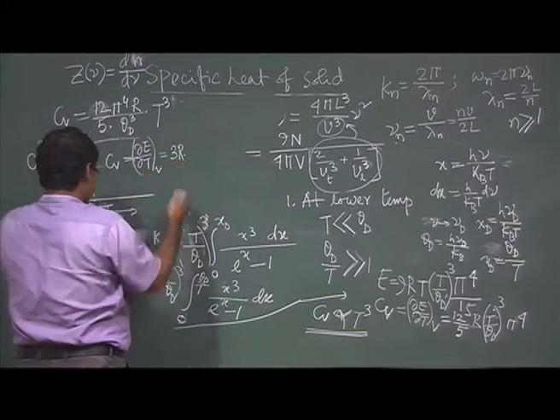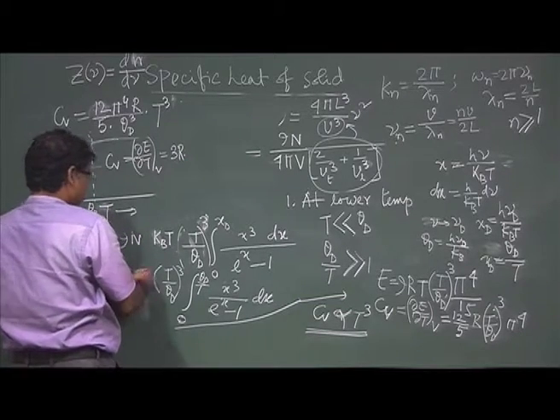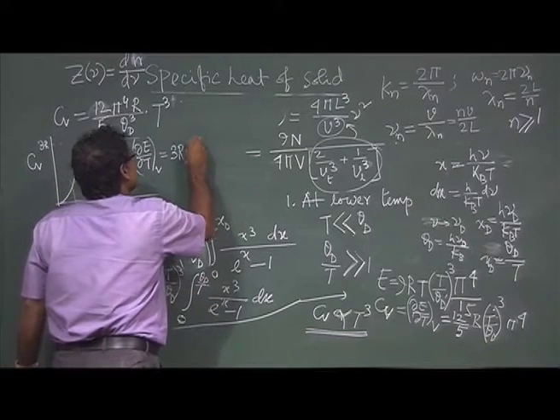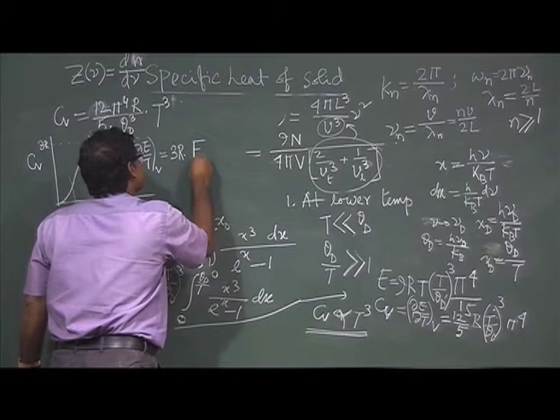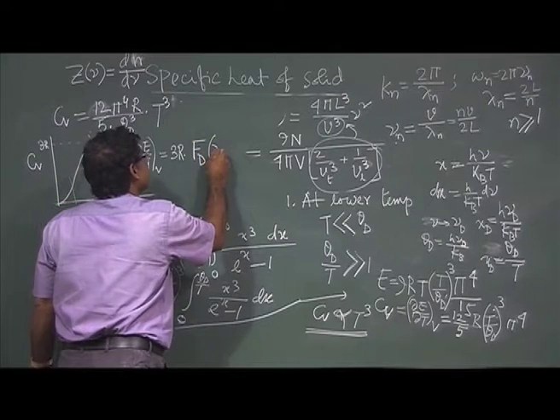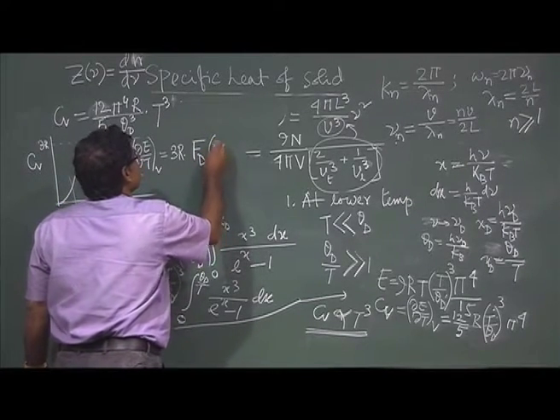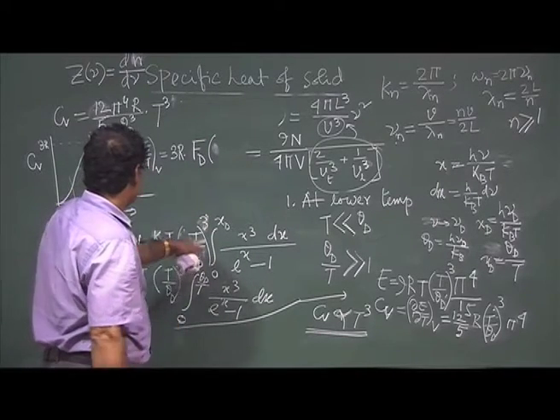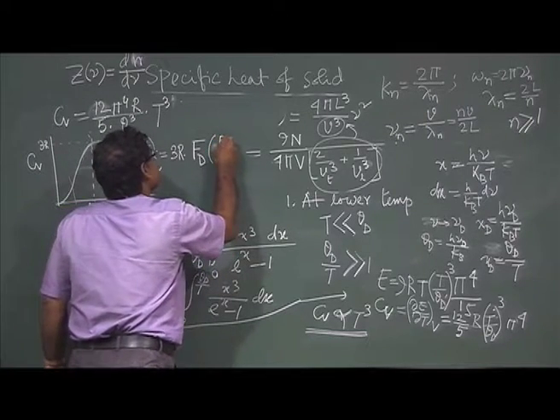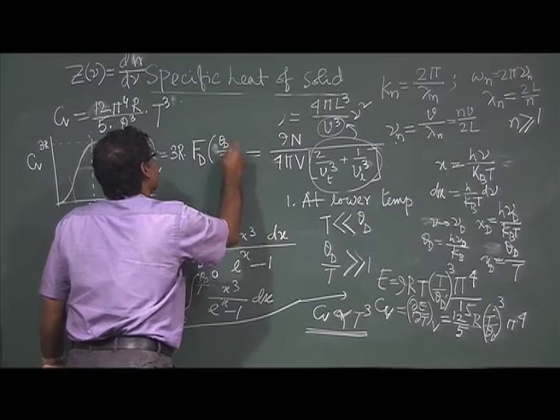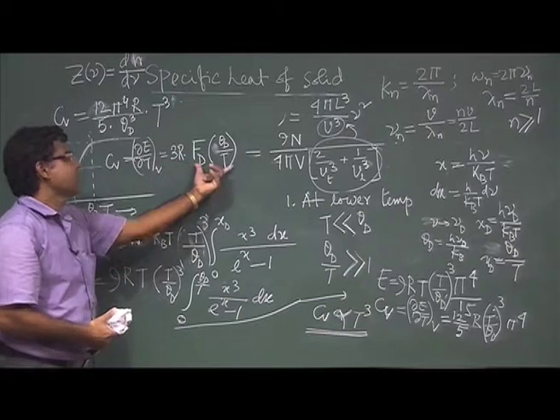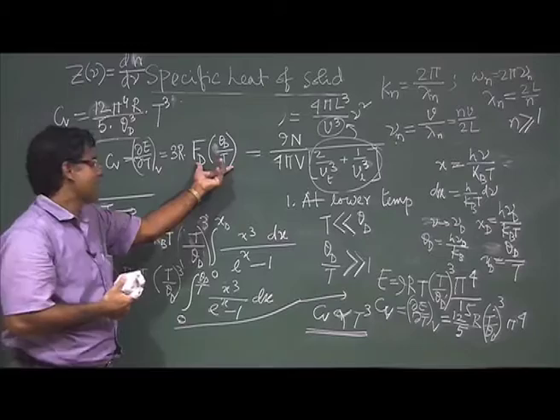So 3R, and the rest of the part depends on T. This is the Debye function, which is a function of theta D by T. So CV is basically 3R times the Debye function.